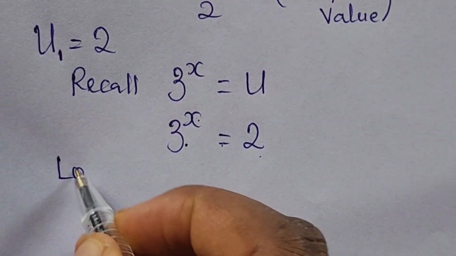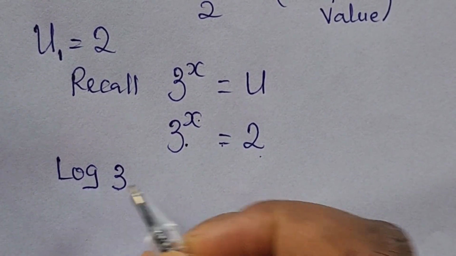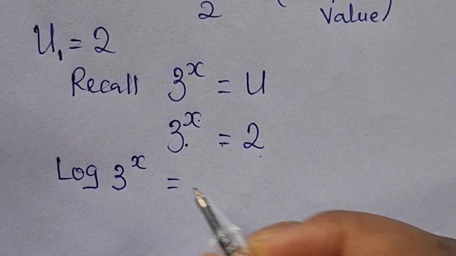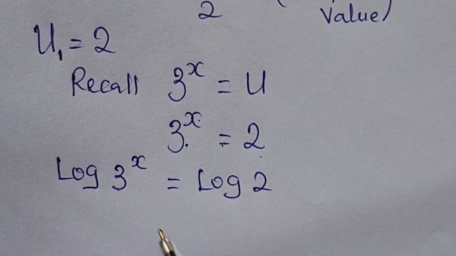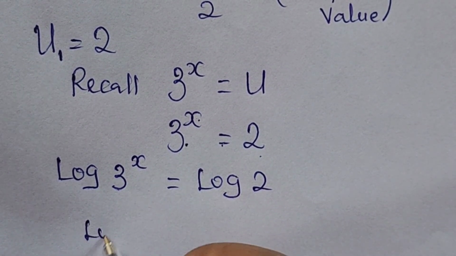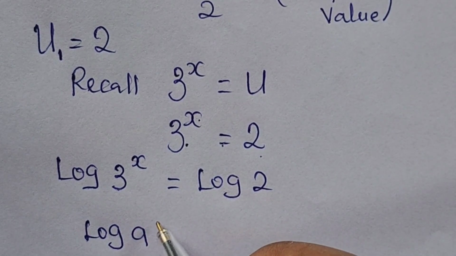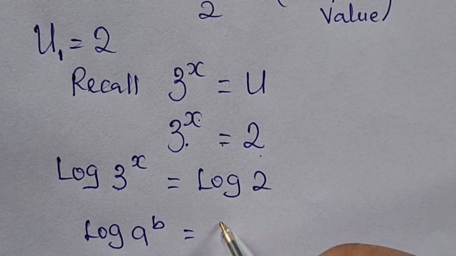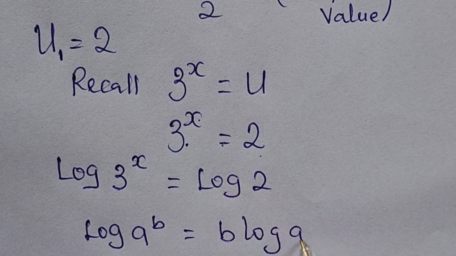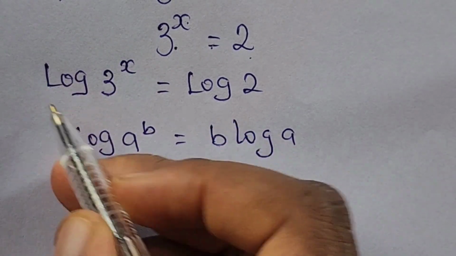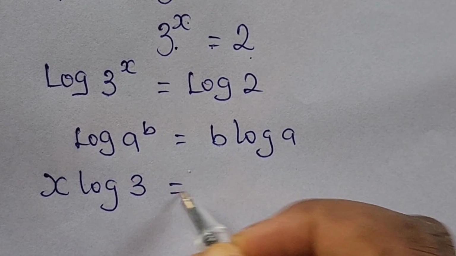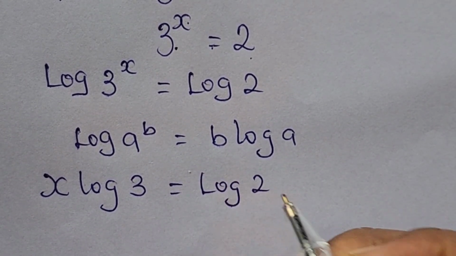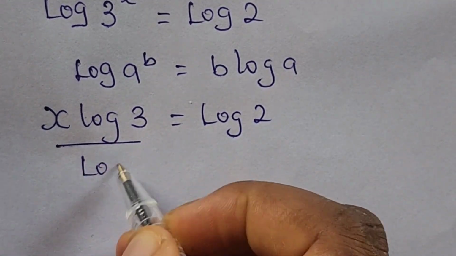So let's take log of both sides. We have log of 3 to the power of x to be equal to log of 2. So from here, when we have log of a to the power of b, this is the same as b times log of a. So our x moving over, we have x times log of 3 is equal to log of 2. So let's divide both sides by log of 3.